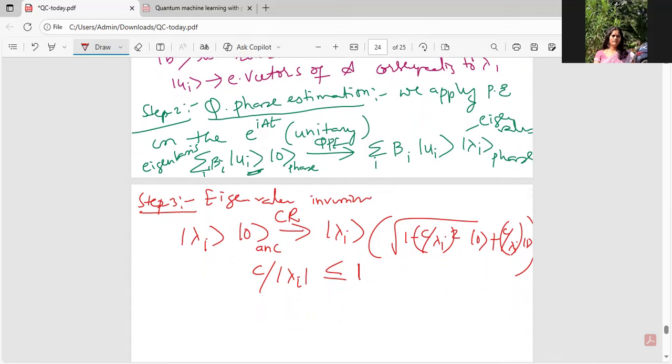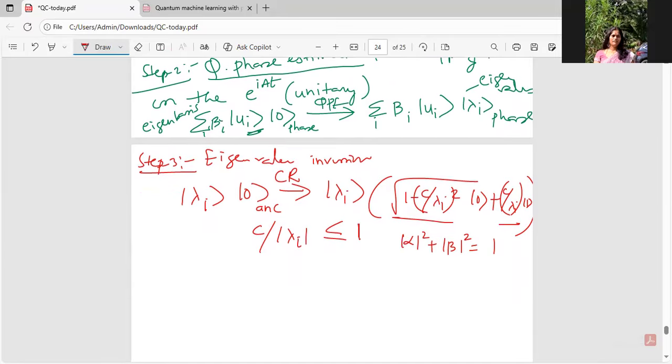You can verify mod alpha squared is this, mod beta squared is this. Of course, depending on whether the value is turning out to be complex or real, you will verify. You will accordingly take mod alpha squared plus mod beta squared value should be 1, right? When I'm going with the superposition state, you can observe that, guys.